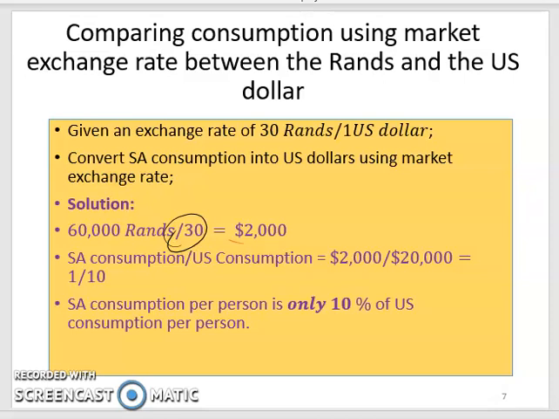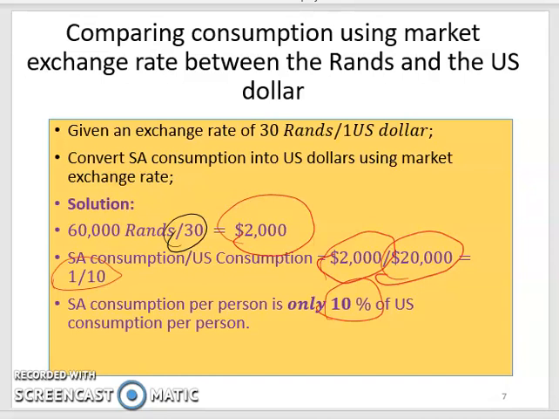So that gives us $2,000. So South African consumption in dollars is 2,000. We then divide that by the American consumption. This tells us that the South African consumption per person is only 10%, since we got 1 over 10. It's only 10% of US consumption per person.